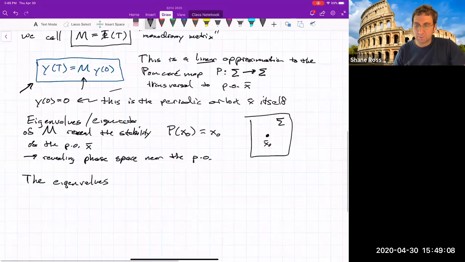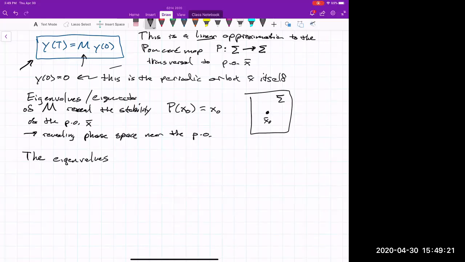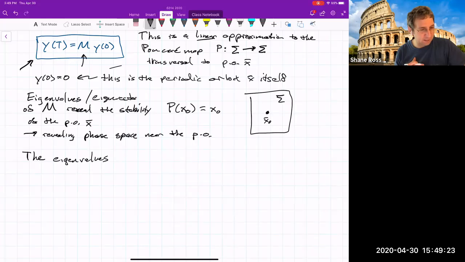He did this in the late 1800s, I think. I can even post his original paper, which is in French. I think it was around the time of Mathieu's equation.